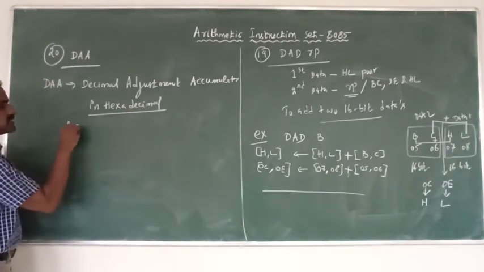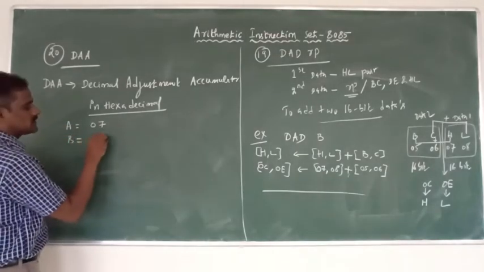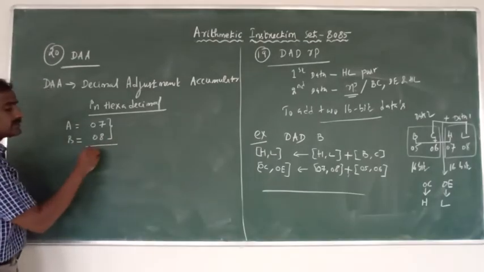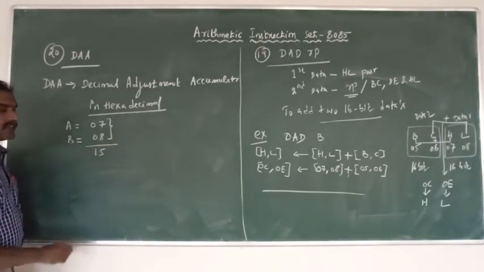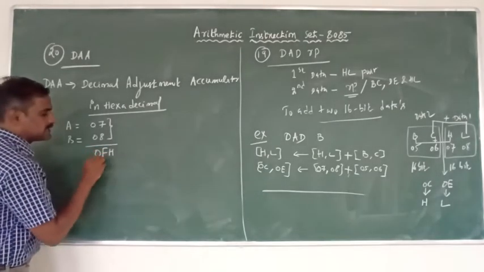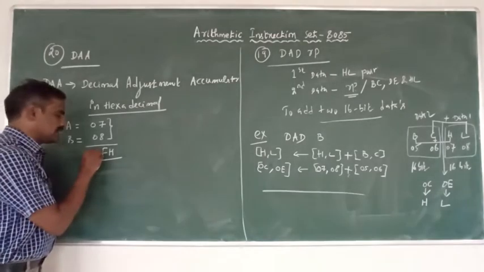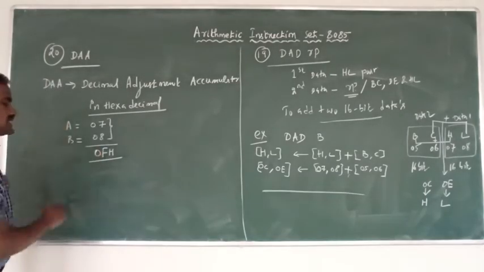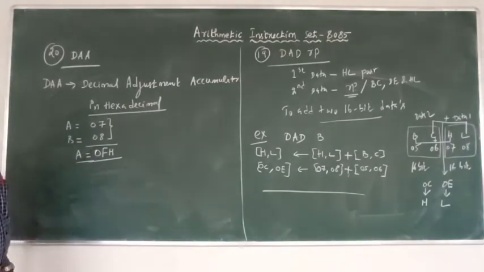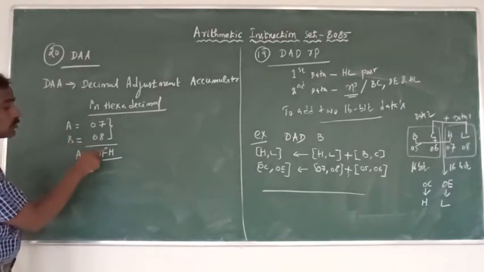Suppose accumulator 07 and B register 08. Now add these two data, the result is 15 in decimal, but the microprocessor will store the result only in hexadecimal format. The result in hexadecimal format will be available in the accumulator. DAA means to adjust the accumulator content.